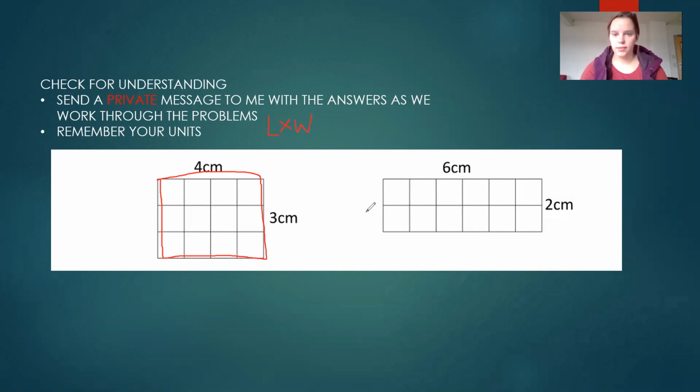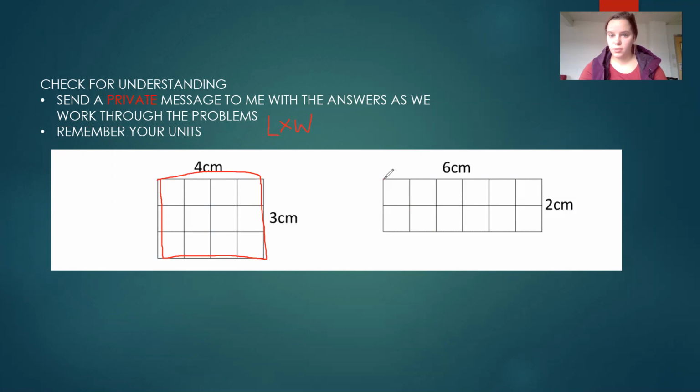All right, some chats are coming in. Good job, everybody. And then same shape. Do we know what the perimeter is? Remember, it's length plus length plus length plus length. All right, good job, everybody. Now we're gonna move on to this one. And again, we're gonna find the area, and you're private messaging me these answers.